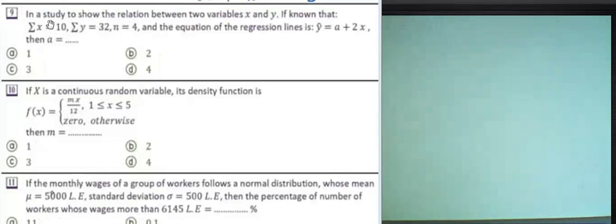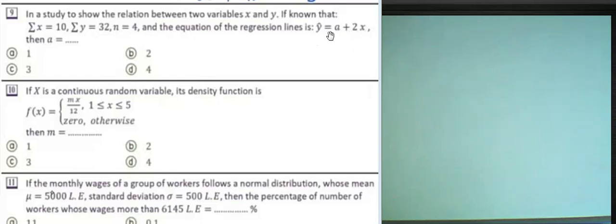Question number 9. In a study to show the relation between two variables x and y, knowing that summation x equal 10, summation y equal 32, and number of students n equal 4, and the equation of the regression line is y equal a plus 2x, a equal what?